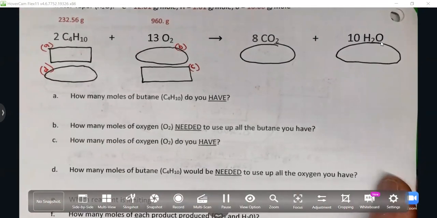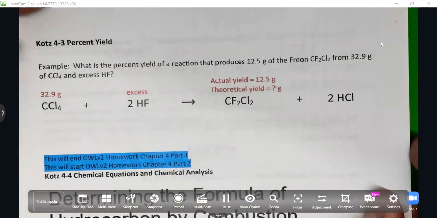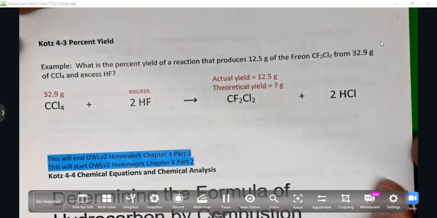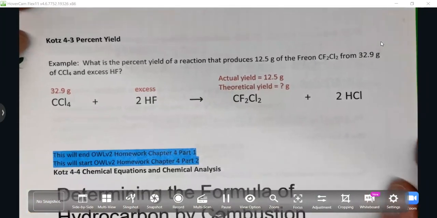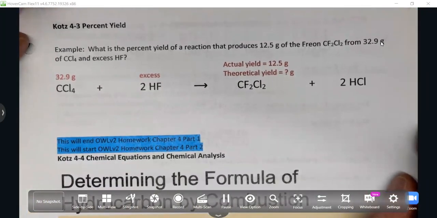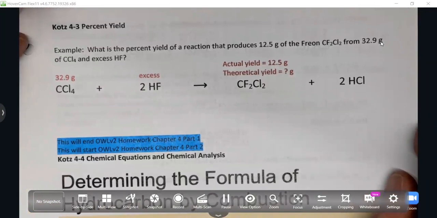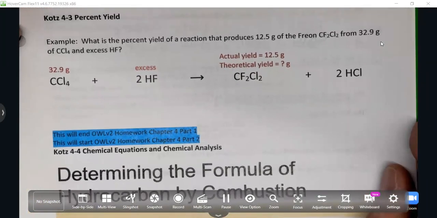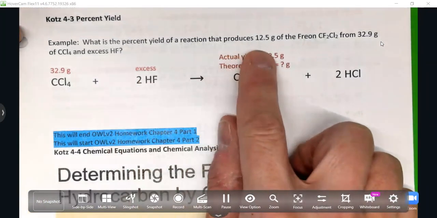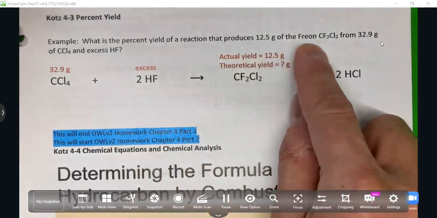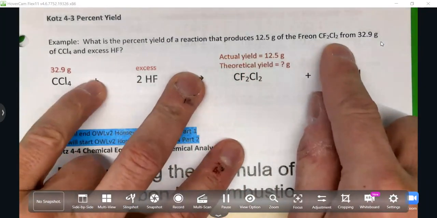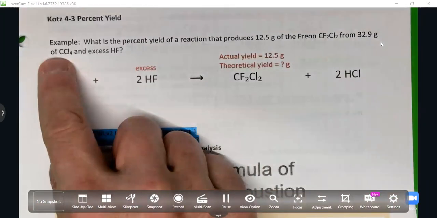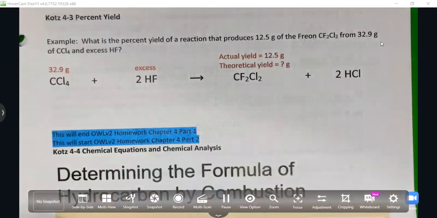All right, let's go to the next page, percent yield. And then we can go back and finish where we started today with our quiz question. So what is the percent yield of a reaction that produces 12.5 grams of Freon, CF2Cl2, from 32.9 grams of CCl4 and excess HF?